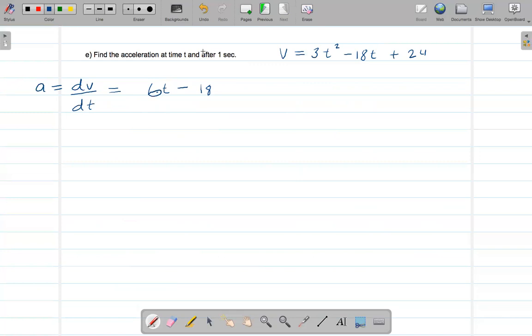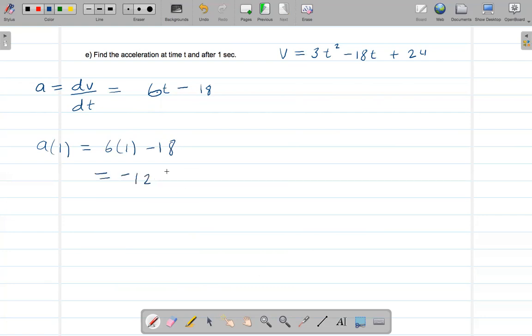Then we need to find the acceleration after 1 second. Since we already found the acceleration equation, we can plug in 1: 6 times 1 minus 18 is negative 12.